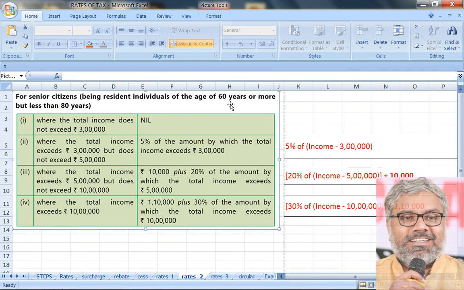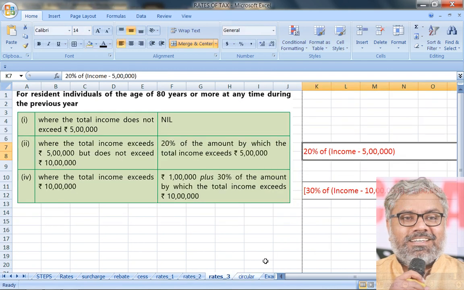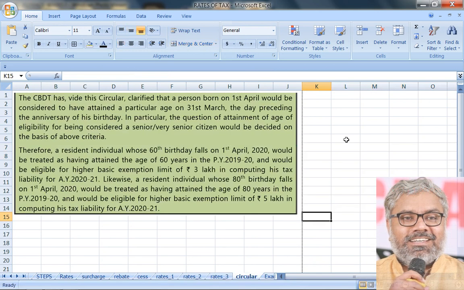The law never said completing 60 years, which means even those who enter into their 60th year also are considered as senior citizens for this purpose. So that is why 60 years or more. That is the meaning here. Same way, 80 years or more. At any time if they attain 80 years during the previous year, then they will be called super senior citizens and this calculation will be applicable for them.